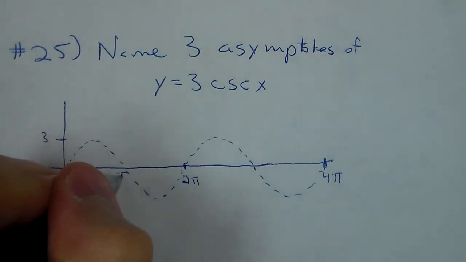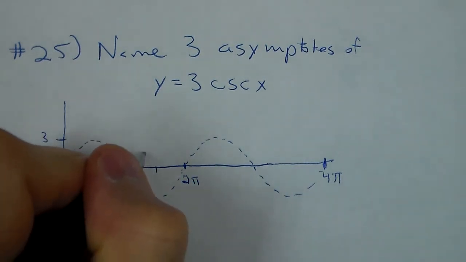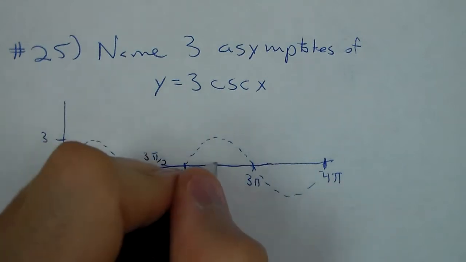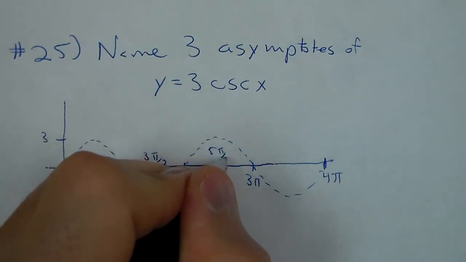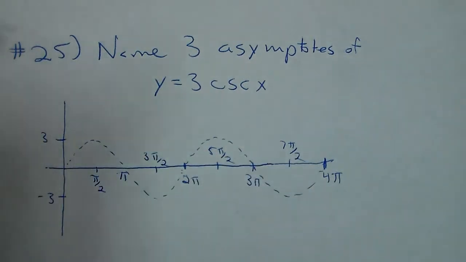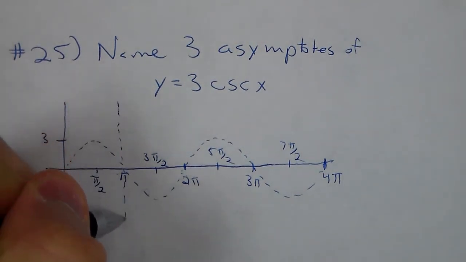Half of 2 pi is pi. Half of that is pi over 2. Halfway between those is 3 pi over 2. We could also mark 3 pi, 5 pi over 2, and then eventually 7 pi over 2. So this is our graph of 3 sine x. We do that to get to cosecant. Now cosecant is going to have asymptotes anywhere sine hits 0.